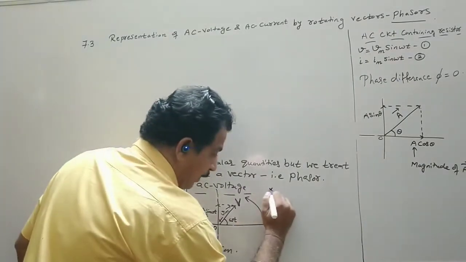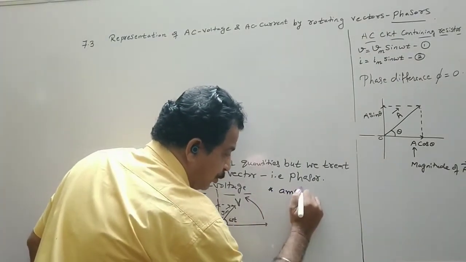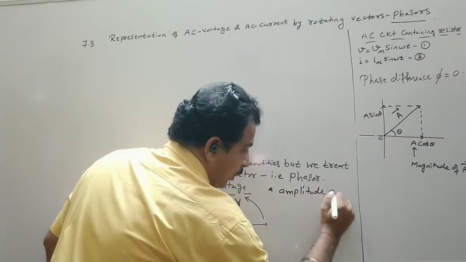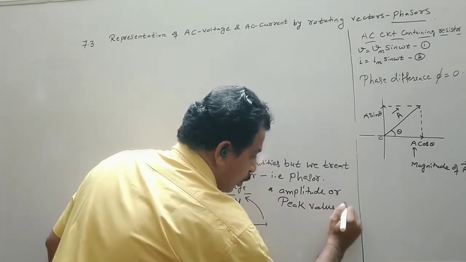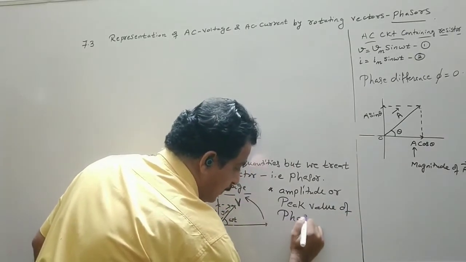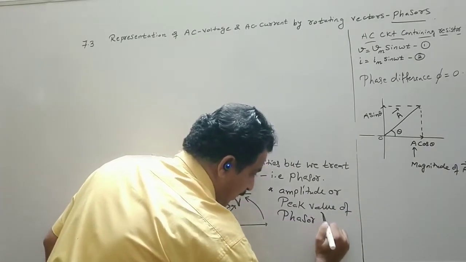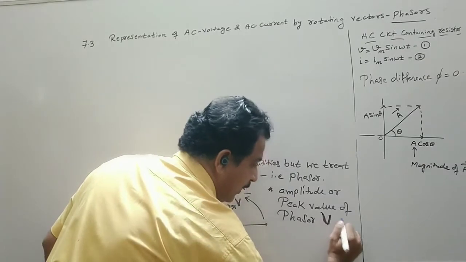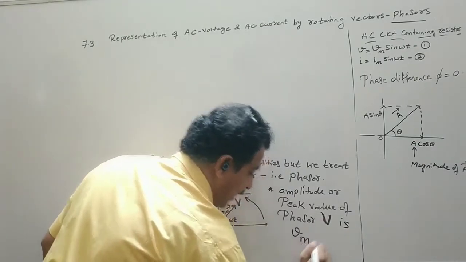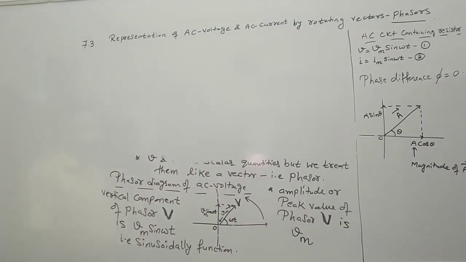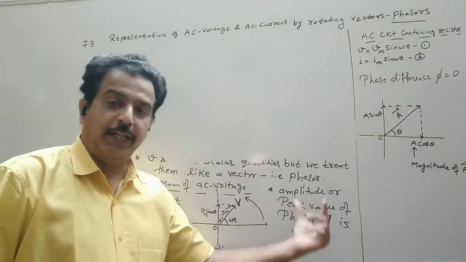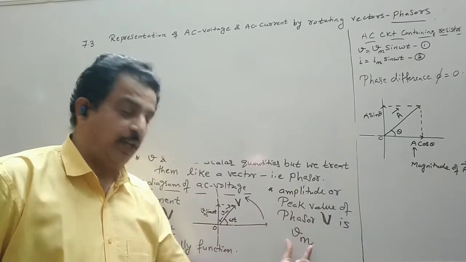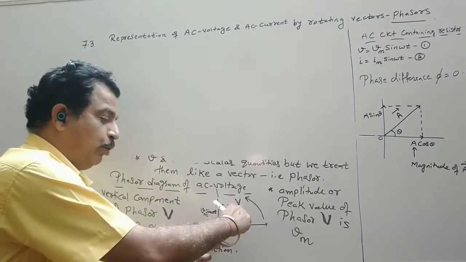Also you have to remember the amplitude or peak value of the phasor. So whenever I write phasor, capital V bold is Vm. So it is like we have a vector V whose amplitude or peak value is Vm.